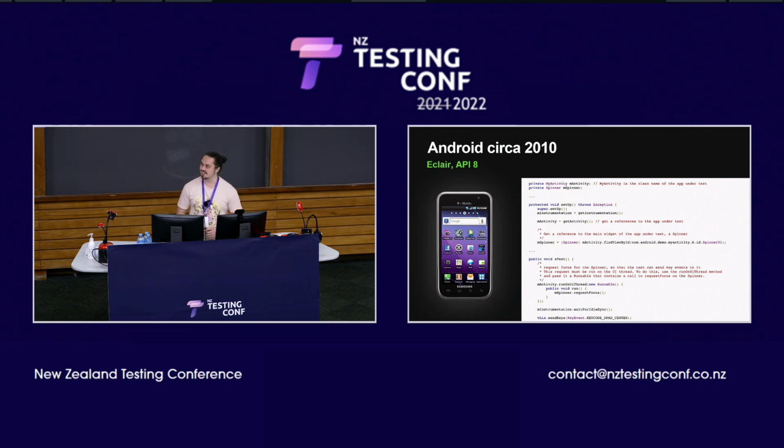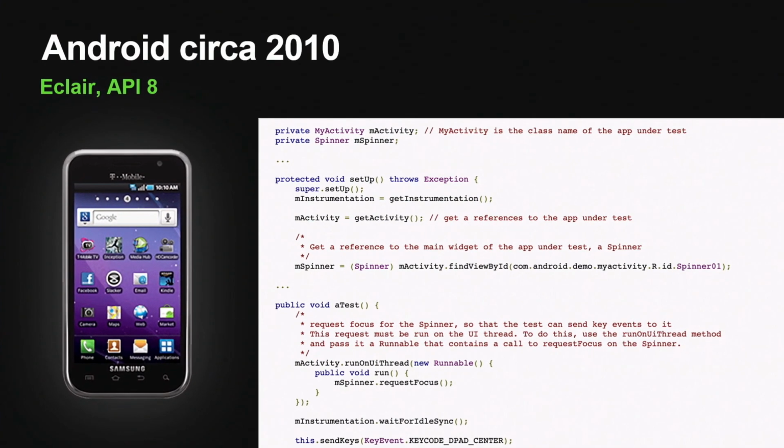For a bit of context, this is the Samsung Galaxy S, the original, no numbers there. That came out in 2010, ran Android Eclair. And on the right-hand side, you can see what an instrumentation test from back in 2010 used to look like. Without going into too much detail, you can see that it's using some pretty view-centric APIs.